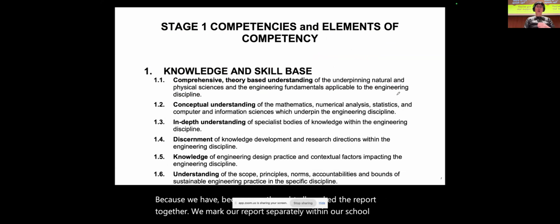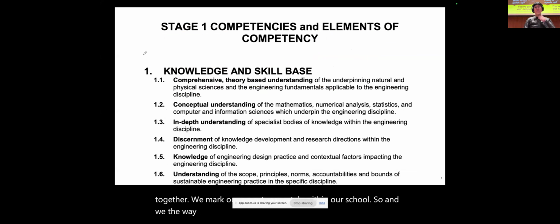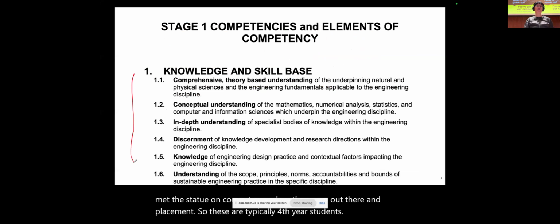The way we mark the report is we want to see if the students have met the Stage 1 competency when they were out there in placement. These are typically 4th-year students. Let me just remind you again, the Stage 1 competency consists of 3 tables. The first one is knowledge and skill based. This is the more fundamental engineering, maths, physics, chemistry type of knowledge that the student needs.